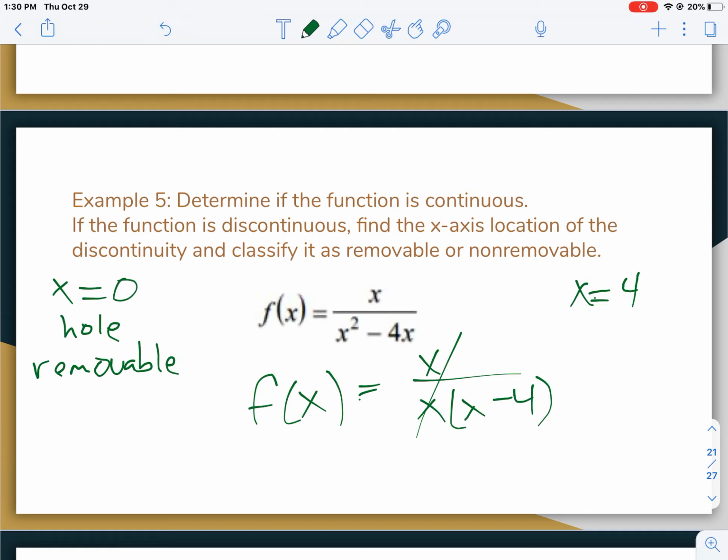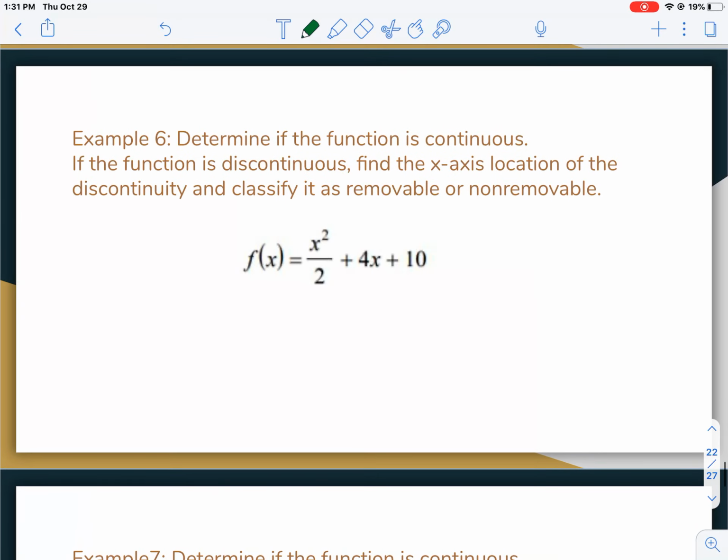But at x equals 4, we have a non-removable discontinuity, also called infinite. It's a vertical asymptote. So that's just an example.